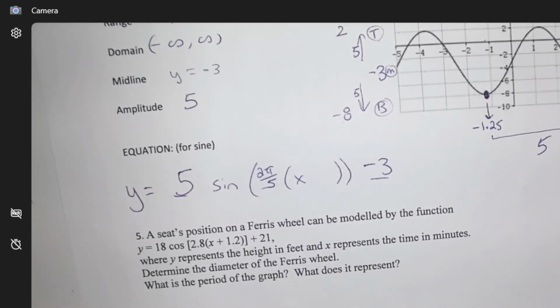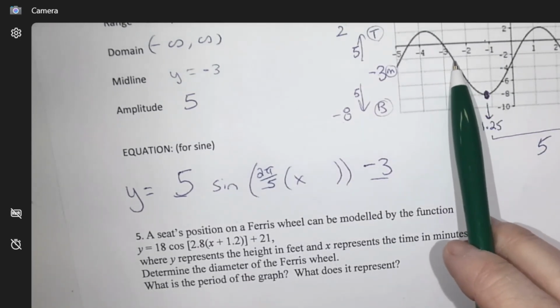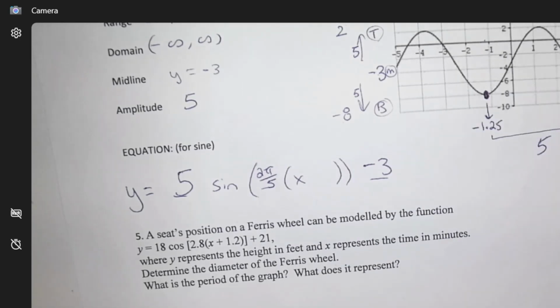Okay, so I switched the 5 and the b. And this is a sine coordinate. So you have to figure out some kind of position for a midline heading upward. So would this midline work? No, because it's on a midline on a down path.